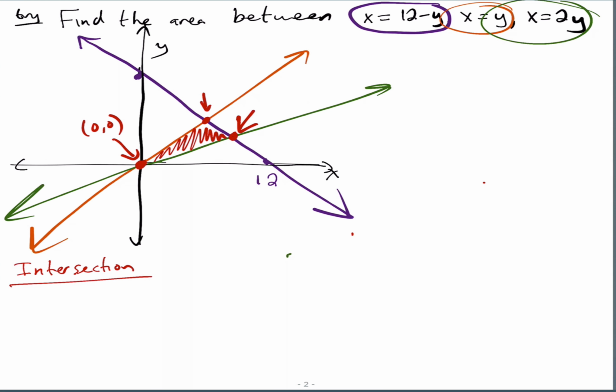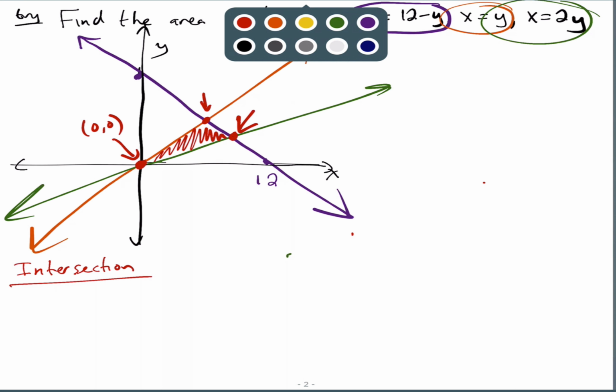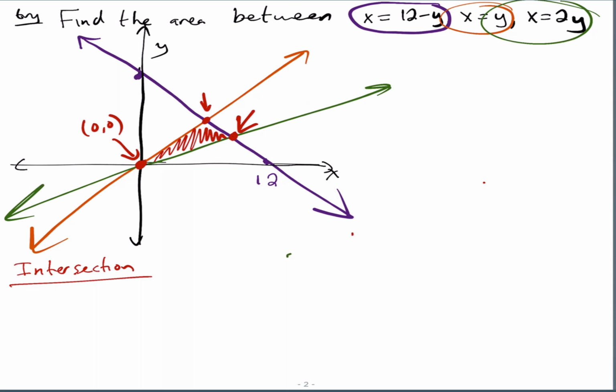All right, so how do we find the intersection of the orange and purple lines? Yeah, you just set them equal to each other, right? So in this case, it would be y equals 12 minus y. And if I do that, what do I get? I get y is equal to 6.